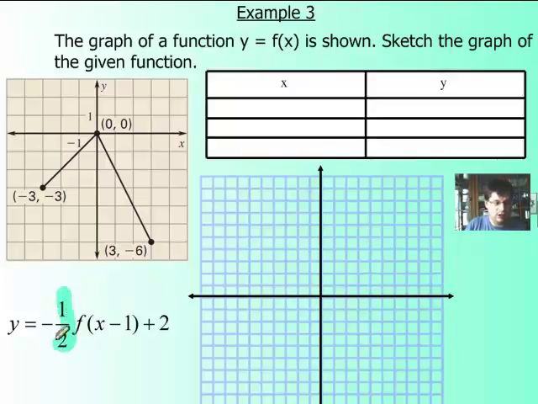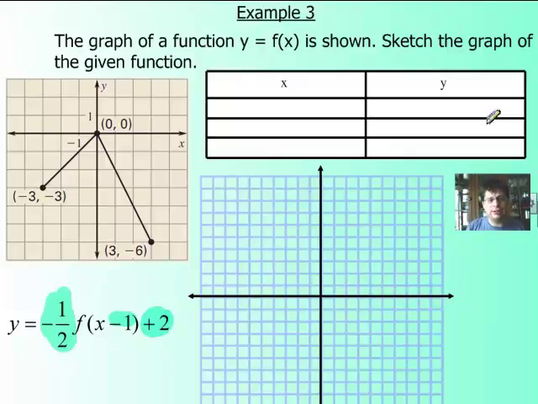So here I have -1/2, which means I'm going to reflect it and vertically compress it. The -1 here tells me we're going to take whatever this function is and shift it to the right one, and then we're going to shift it up 2.